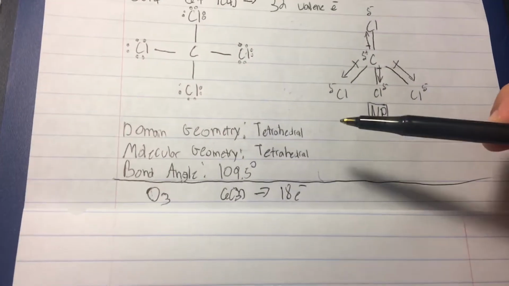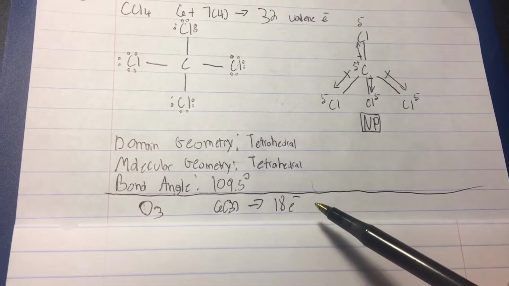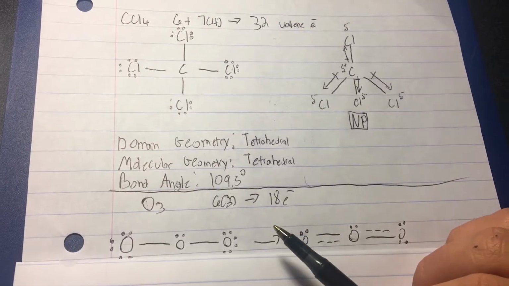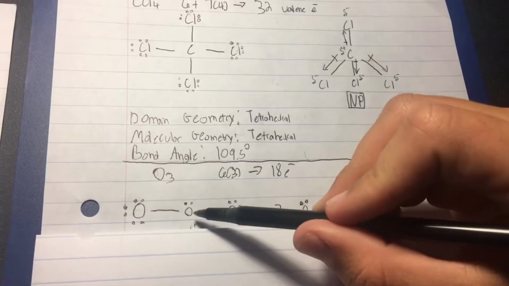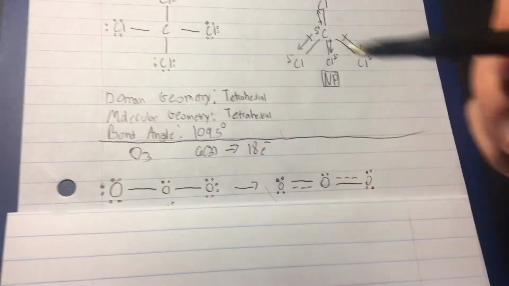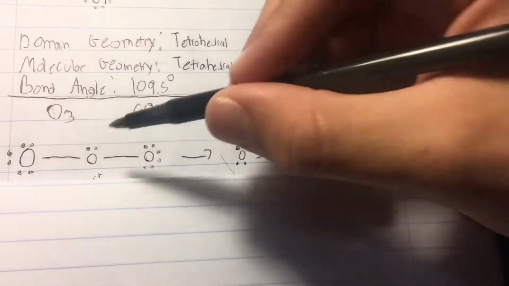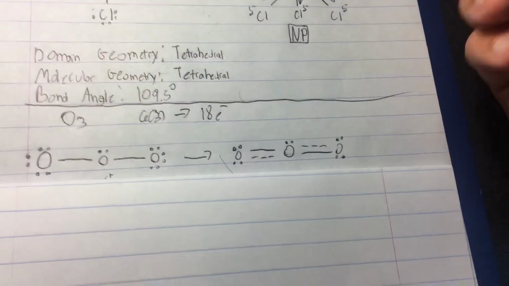Next we have O3, trioxide, or ozone if you will. This molecule has 18 electrons. Its Lewis structure looks like this, but the middle oxygen atom does not have a full octet, so it violates the octet rule. So it has to have a double bond here or here, telling us it has resonance.